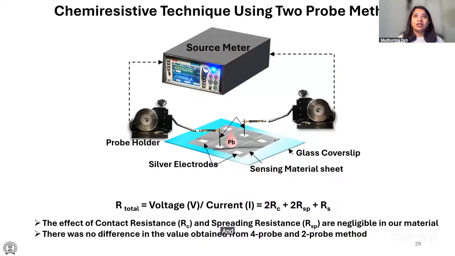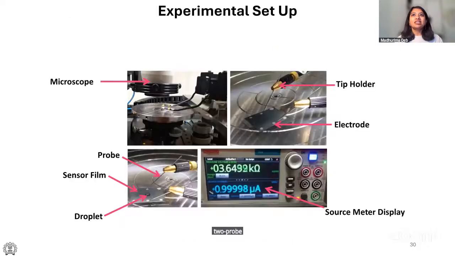I also investigated that for the area of the sensing film, the 4-probe and 2-probe methods are not giving much change in the values of resistivity. For that reason, I decided to go with the 2-probe method.